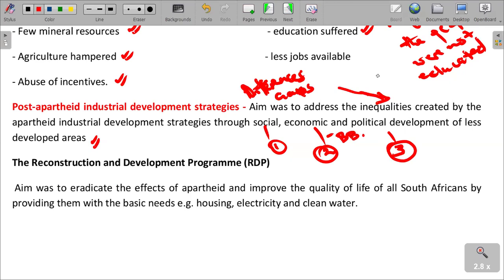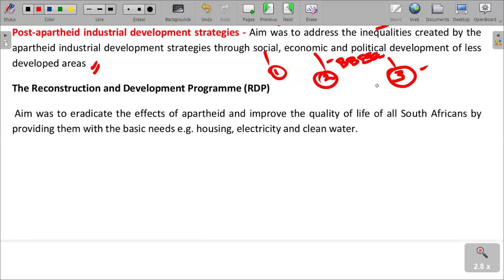We have the BBEE, broad-based black economic empowerment. We have various acts and legislation that were put into place. Then the political development, in terms of the formation of various political parties and opposition parties, which also challenged the status quo and came up with philosophies and policies that tend to be inclusive.